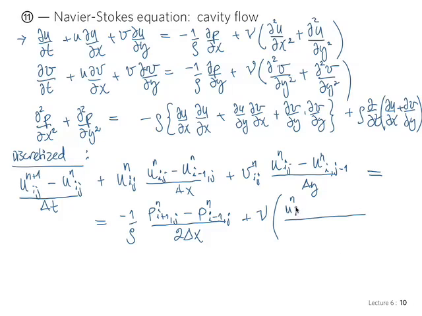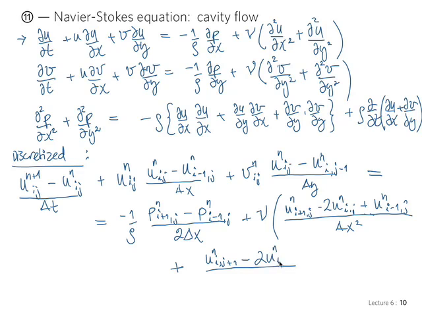We've just done it for the pressure as well. u_i+1,j minus 2 u_i,j plus u_i-1,j divided by delta x squared, plus u_i,j+1 minus 2 u_i,j plus u^n_i,j-1, divided by delta y squared.